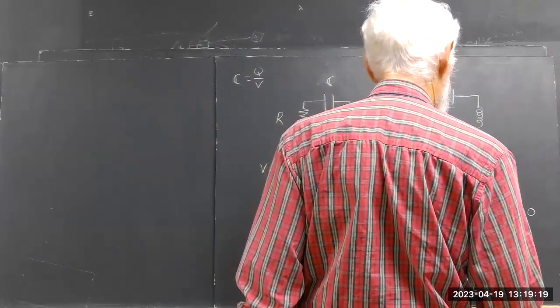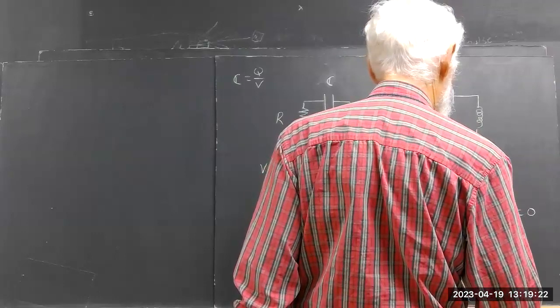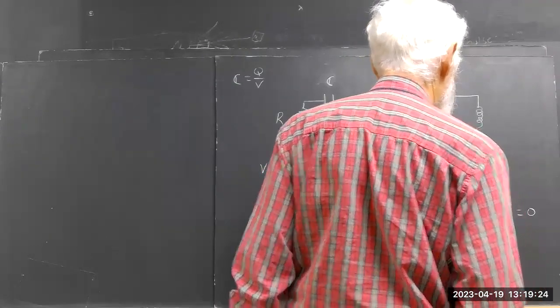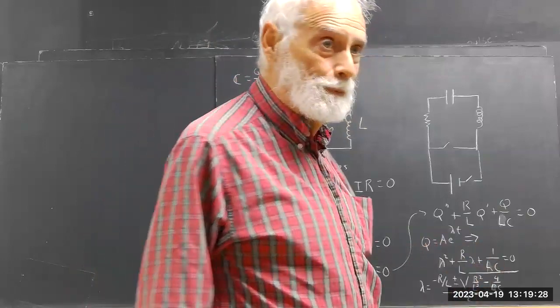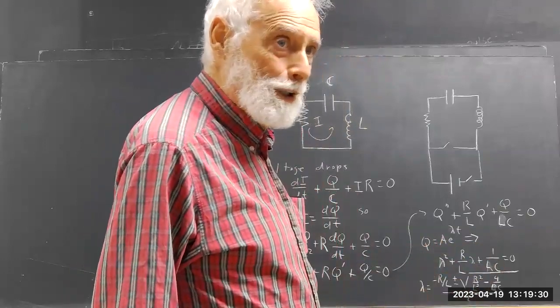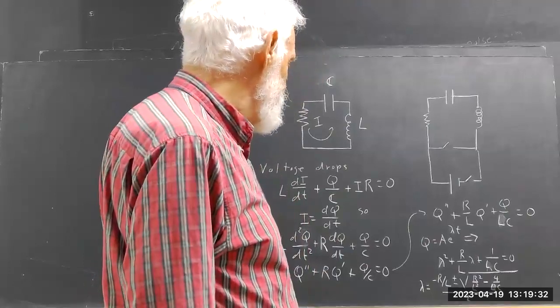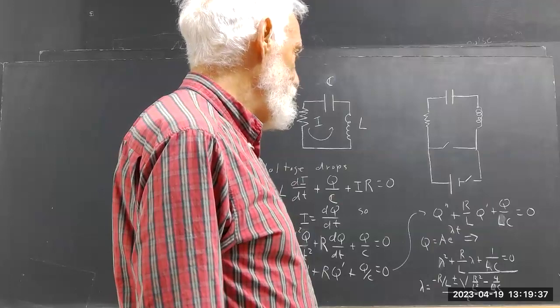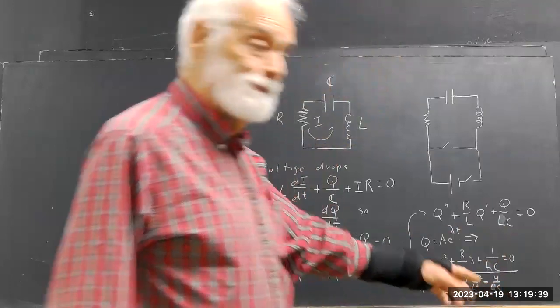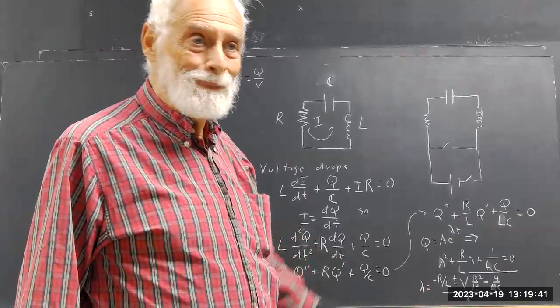That should be an LC, and this should be an LC. Now, if you don't have a resistor, for example, it's still okay.